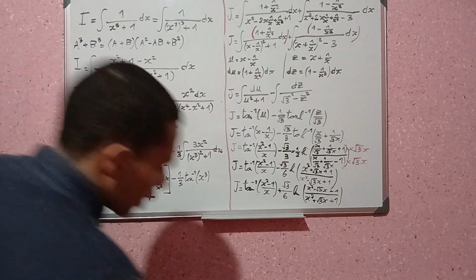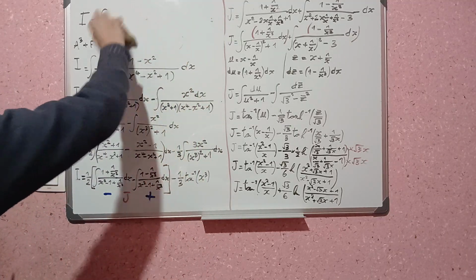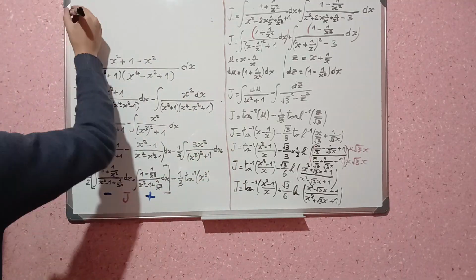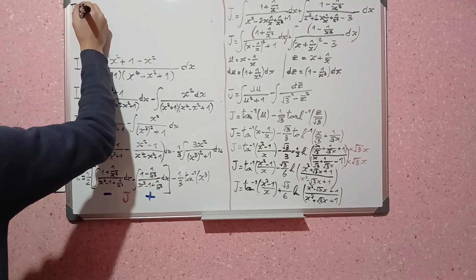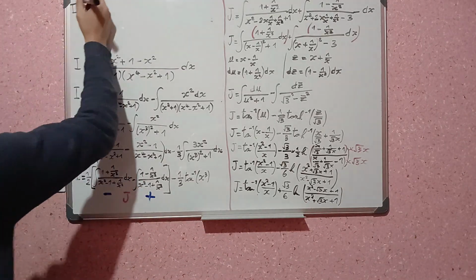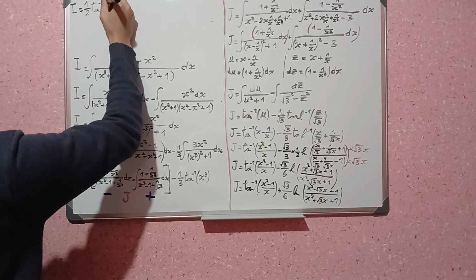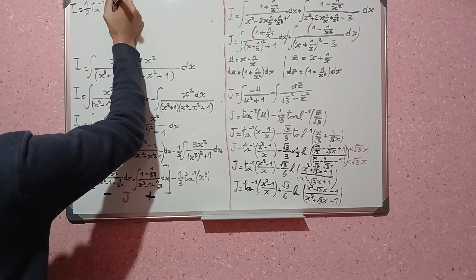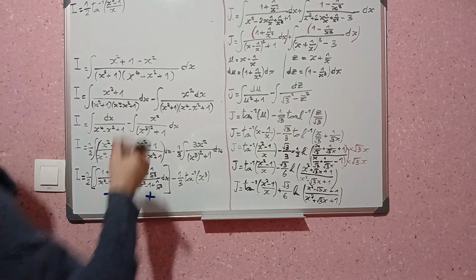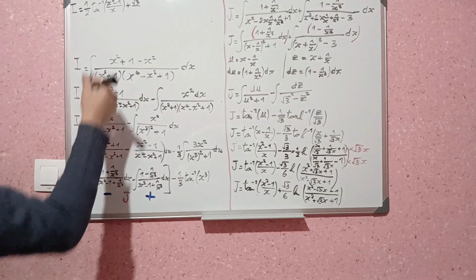Alright, now we can write the I as a whole expression. The I will be this multiplied by 1/2, so it's 1/2 of the inverse tangent of x squared minus 1 over x plus square root of 3 over 6 over 2, which is 12.